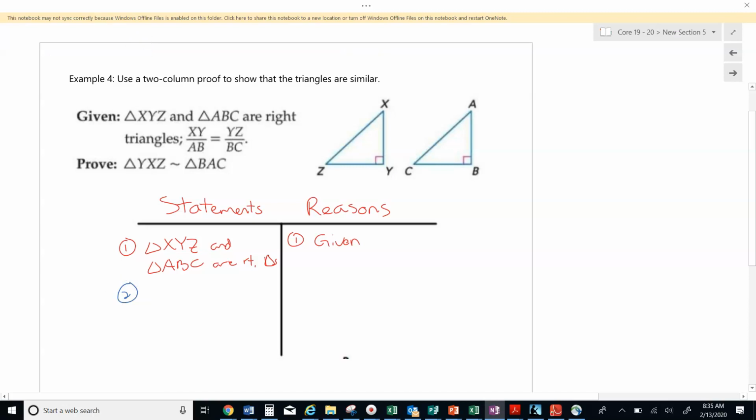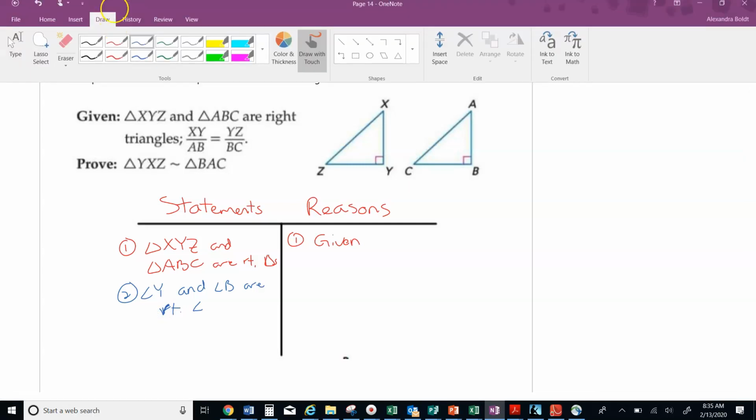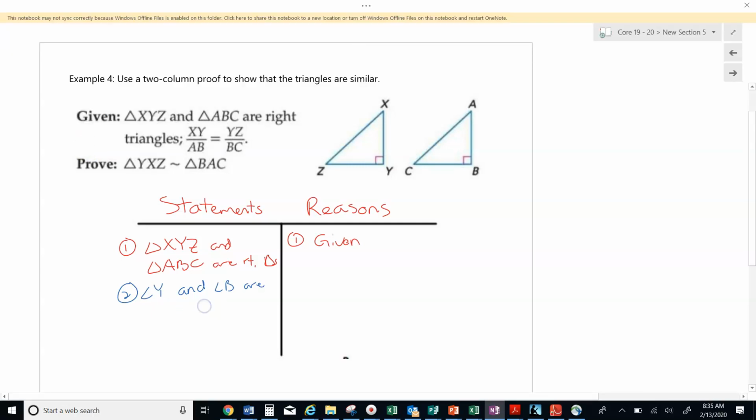From that given statement, then angle Y and angle B are right angles. Why? It's by the definition of a right triangle. Right? If I know something is a right triangle, then it has to have a right angle.